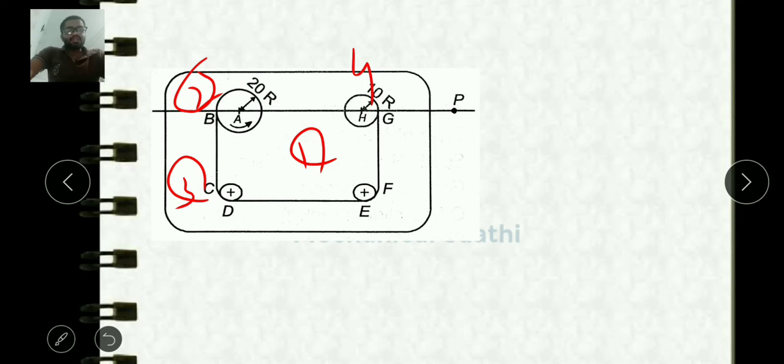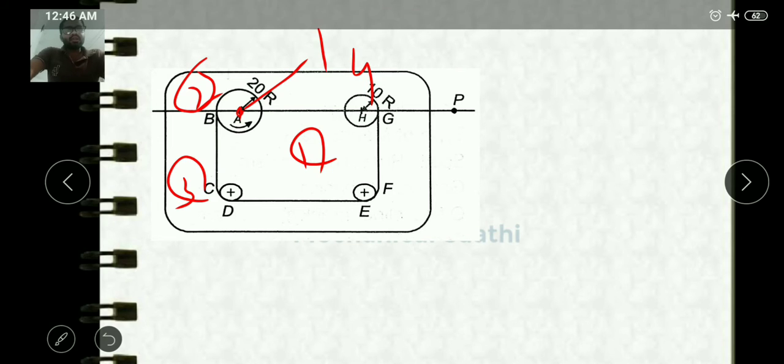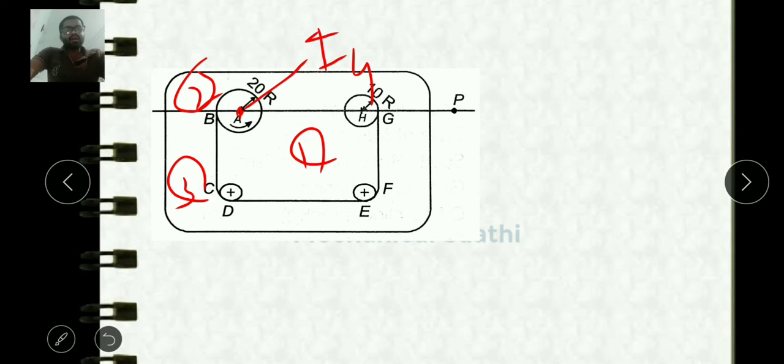If we see here, the instantaneous center of links 1 and 2, I12, will be at this mid section. I23 will be placed at this portion.